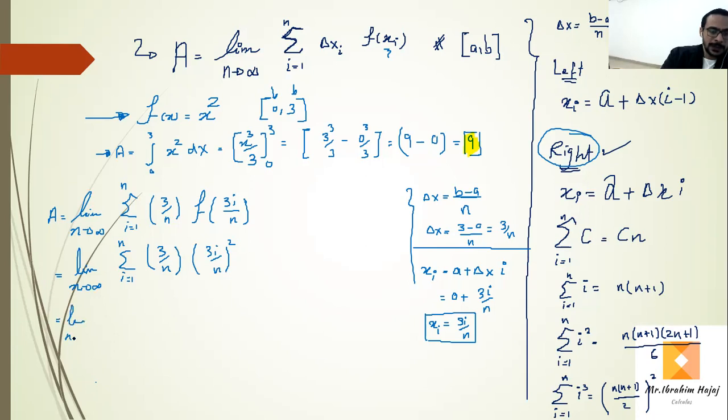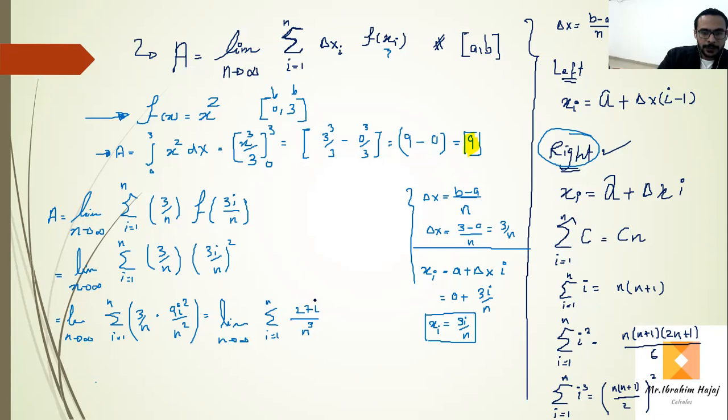Equals the limit as n approaches infinity, i equals 1 to n, and when you expand, this part would be 9i squared over n squared. 3 over n times 9i squared over n squared is simply the limit as n approaches infinity of the summation i equals 1 to n of 27 over n cubed, and i squared up here.